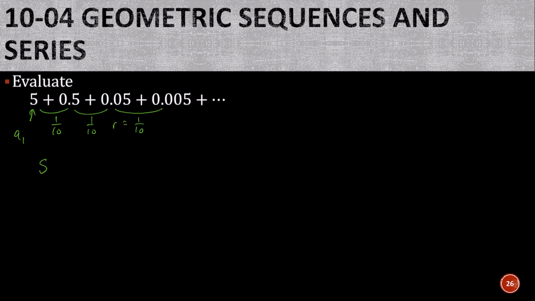So our sum, it goes plus dot dot dot. That means n is infinity. So our sum of an infinite geometric series is a1 over 1 minus r. Well, a1 is 5. 1 minus r is 1/10. 1 minus 1/10 would be 9/10.